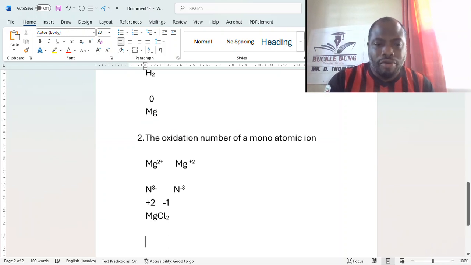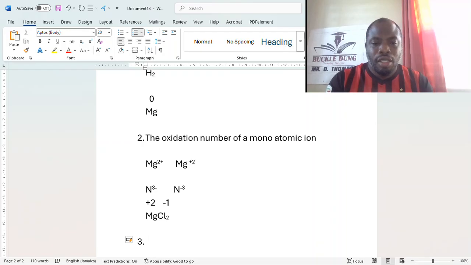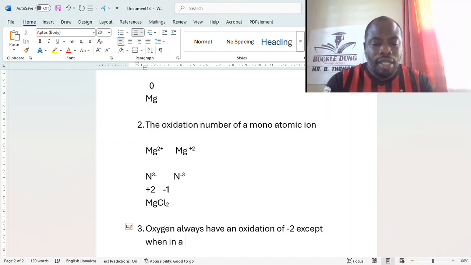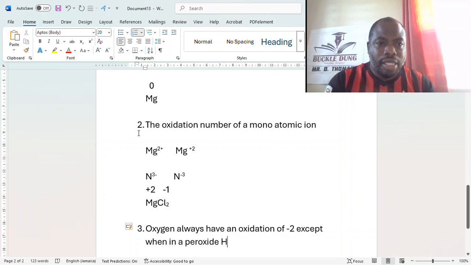Jump into another rule. We know that oxygen always has an oxidation number of -2, except when in a peroxide. And one of the popular peroxides that we will look at is hydrogen peroxide.